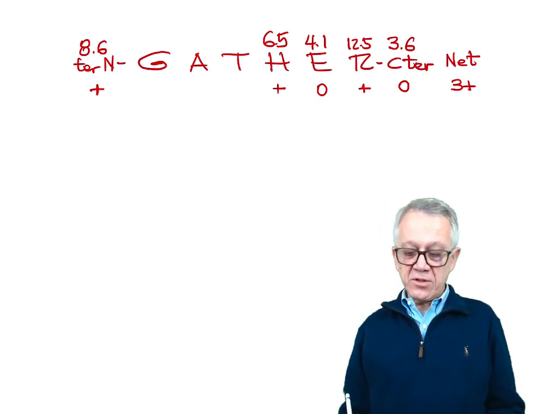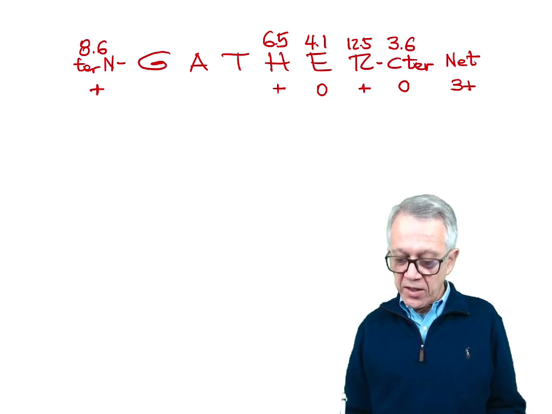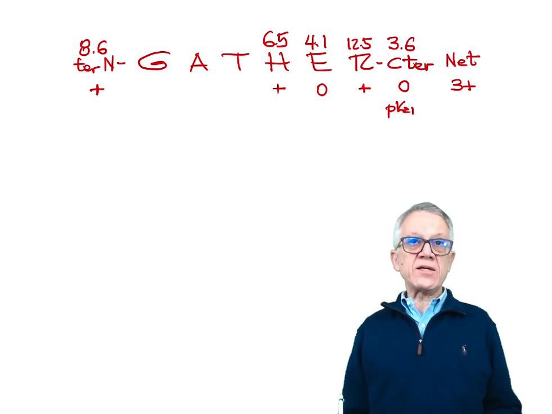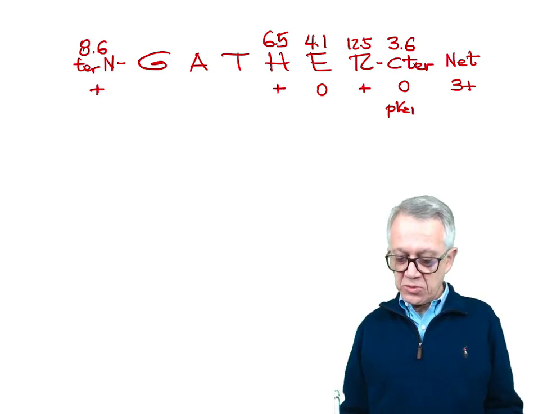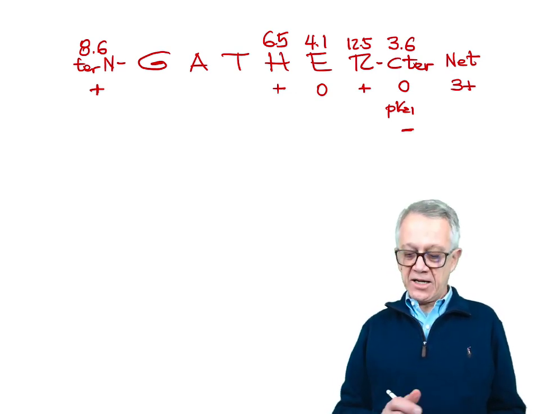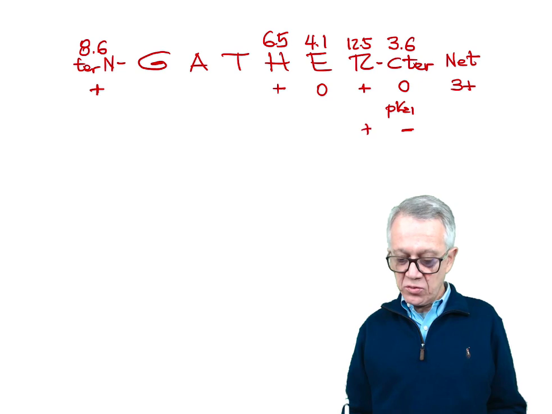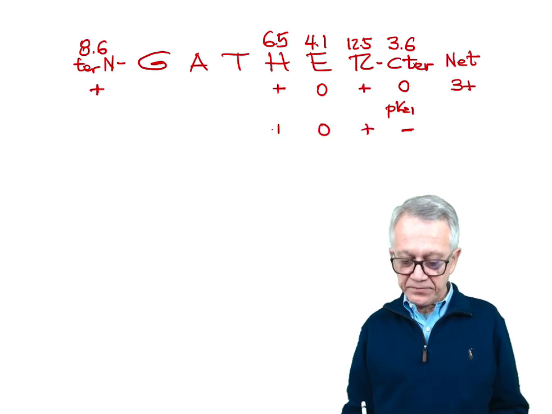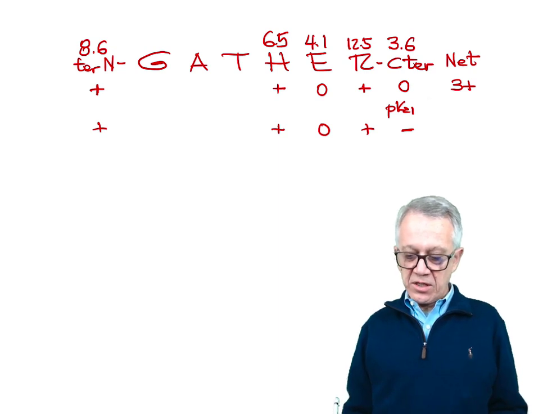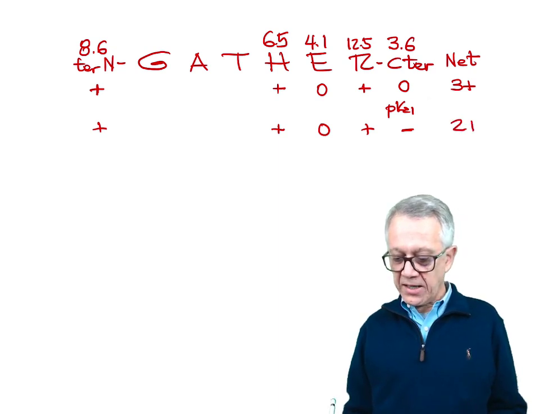Then we start from the lowest pKa, which is this one in here, let's call it pKa1, 3.6. When you pass this pKa1, 3.6, this part is going to be deprotonated, so the negative charge. The other ones would remain the same. So the net charge now is going to be 2 plus.